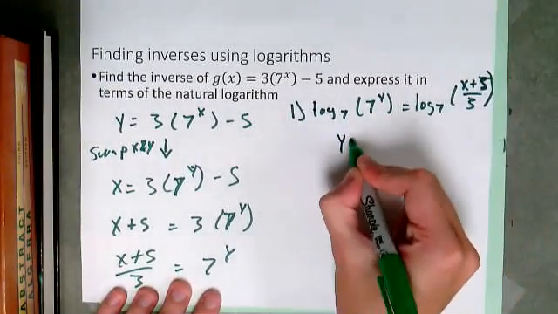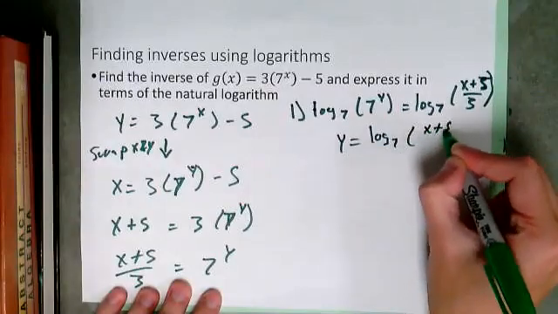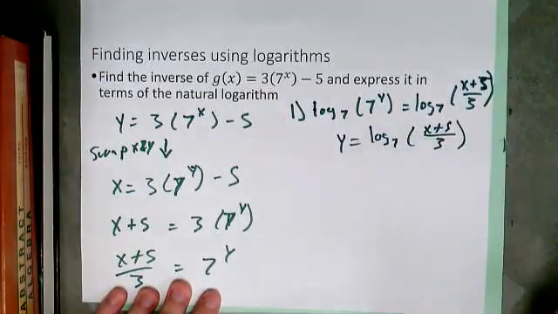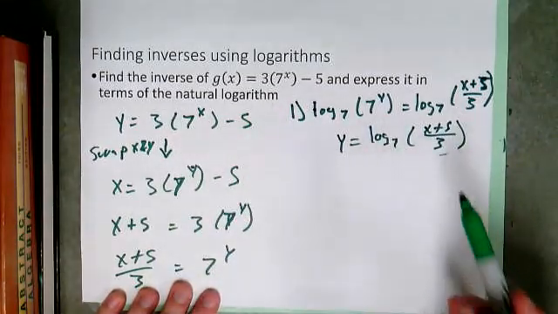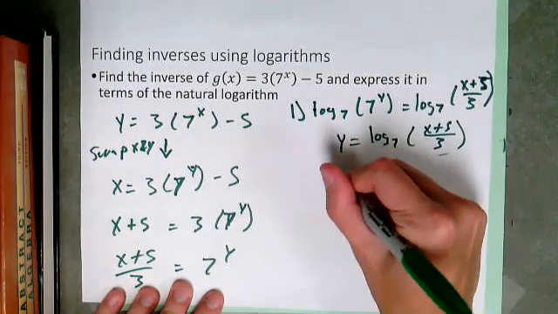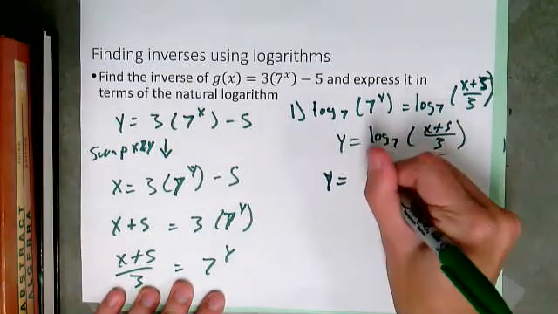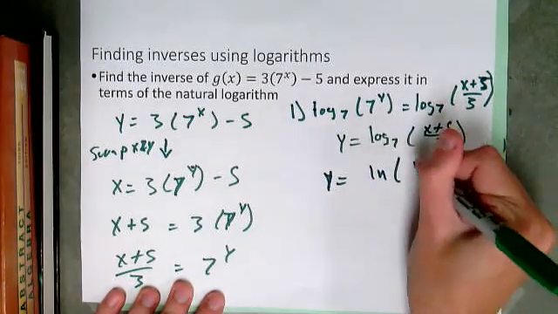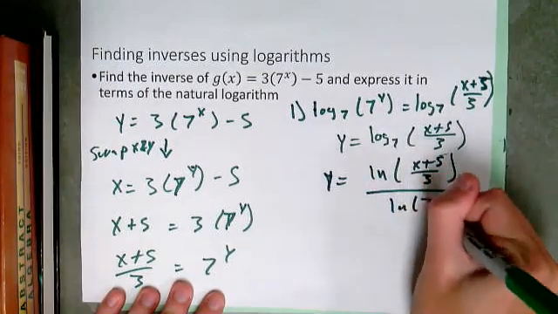This gives us y equals log base 7 of x plus 5 over 3. We want this in terms of the natural log, so we have to use change of base on this. And so this becomes y equals natural log of x plus 5 over 3, divided by natural log of 7.